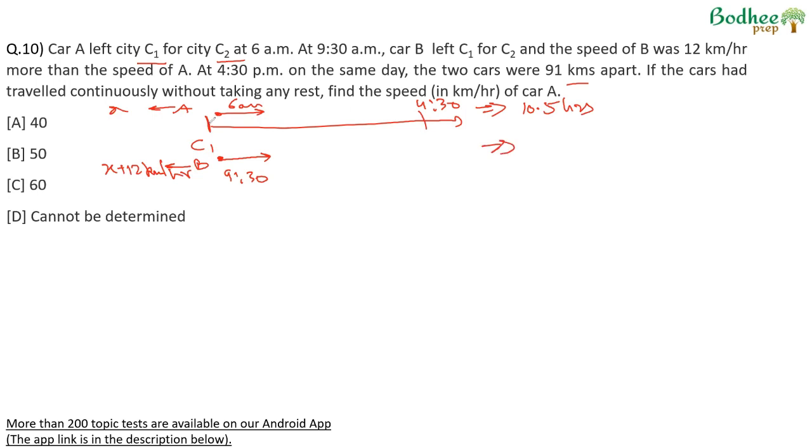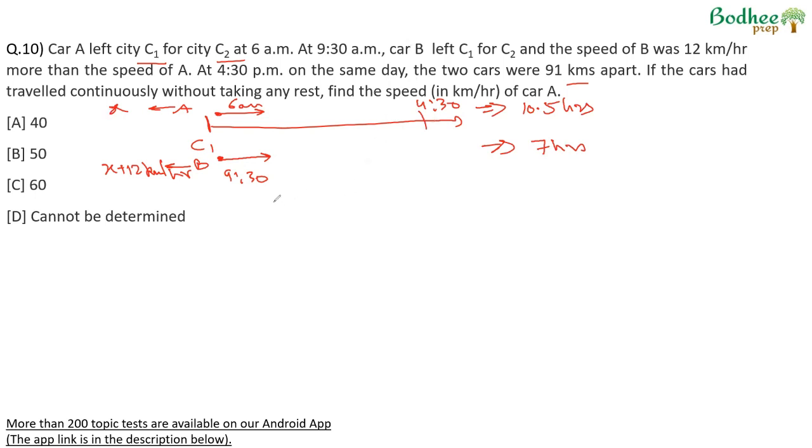And B would have traveled 3.5 hours less, so 7 hours. In 7 hours, the maximum extra distance B could have traveled is 7 times 12, which is 84. Therefore, by default, A would travel more distance than B.